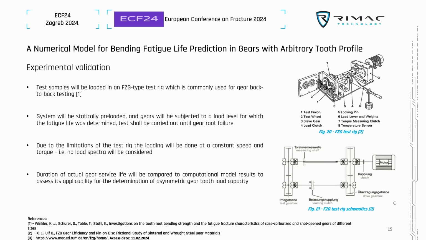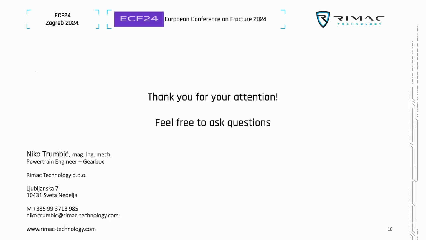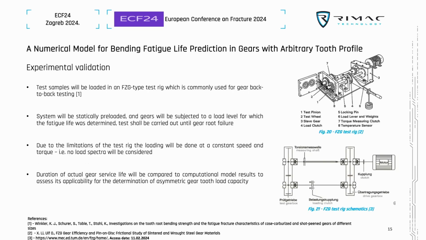Of course, one of the things is that due to the limitation of the test rig, it will not be possible to subject gears to a loading spectra. All the loading will be done at a certain load level so there will be no changes in speed nor the load level at which the test is being carried out. So basically, this is it.